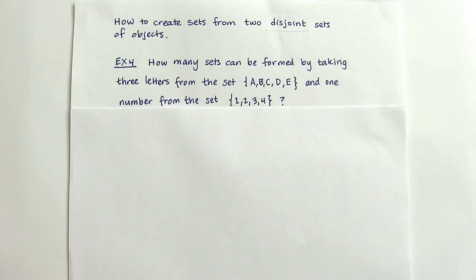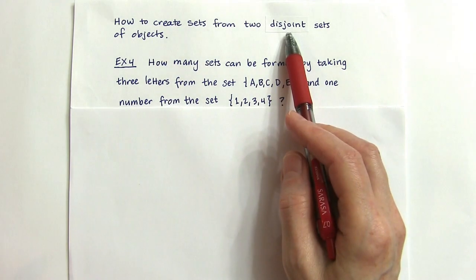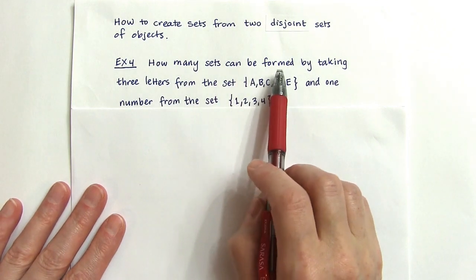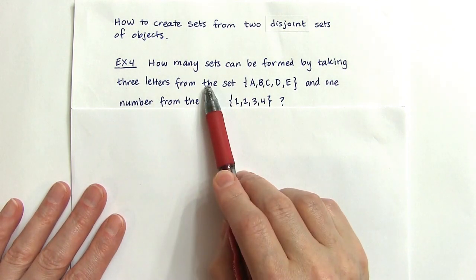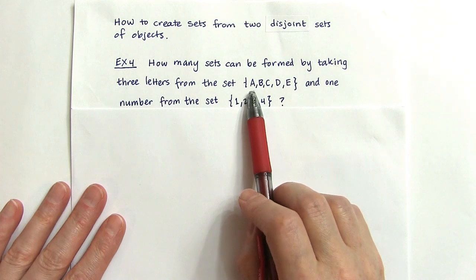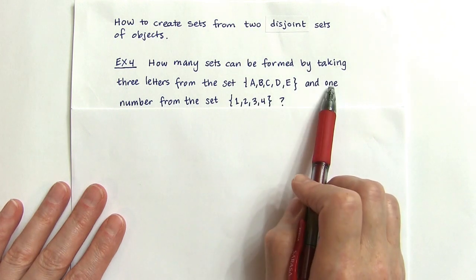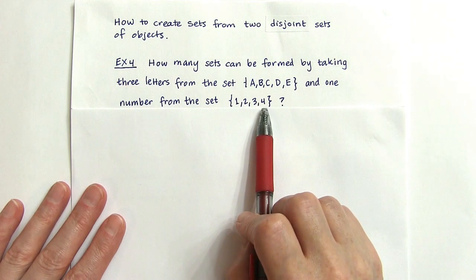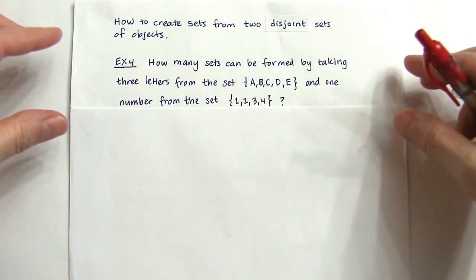The next set of problems demonstrates how to create sets from 2 disjoint sets of objects. For example, how many sets can be formed by taking 3 letters from the set of letters A, B, C, D, and E, and 1 number from the set 1, 2, 3, and 4? And the solution goes like this.